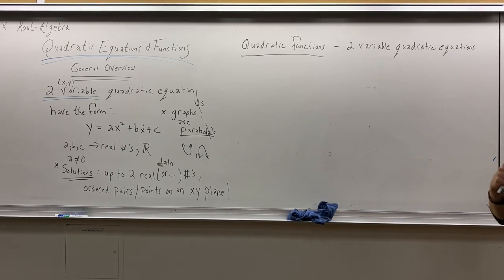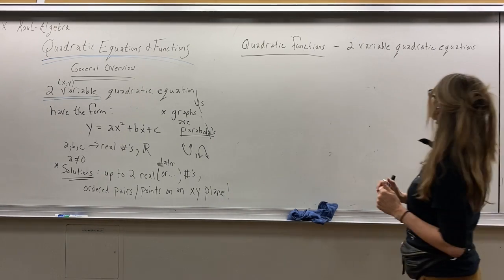So every x is paired with a unique y. We can't have repeated x values. No repeated x's: they must pass the vertical line test.